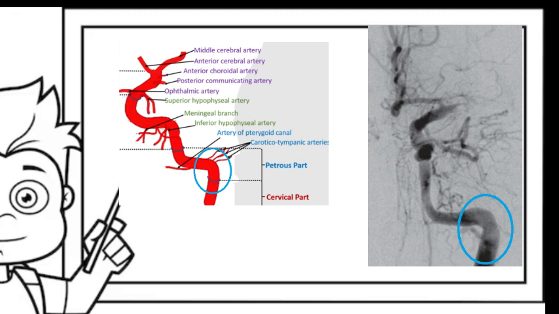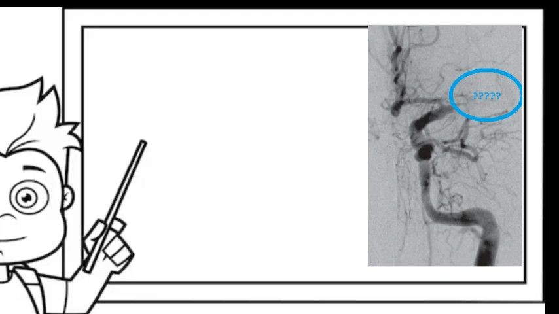Going up in here, we have the cavernous portion, and in fact, this looks like a branch of the internal carotid artery called the ophthalmic artery. And in here, we can see the anterior cerebral artery, but we do not see the middle cerebral artery. There is some sort of occlusion in here.